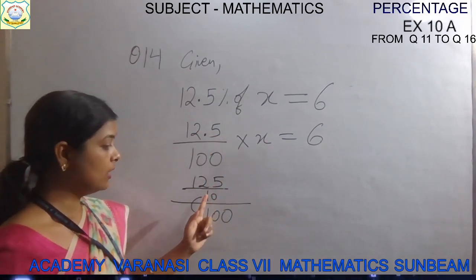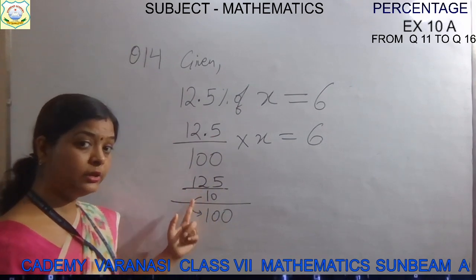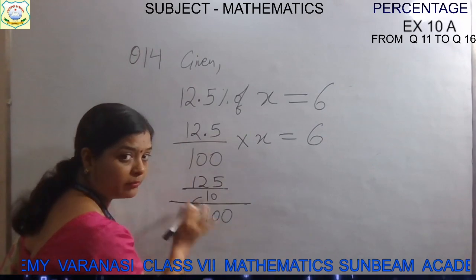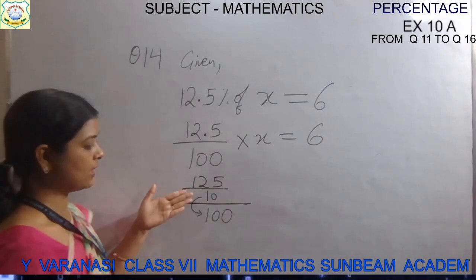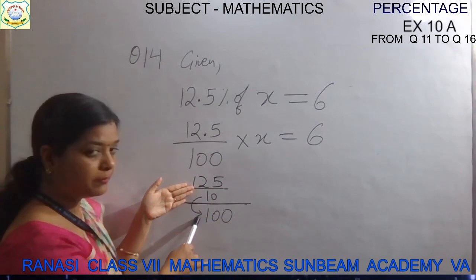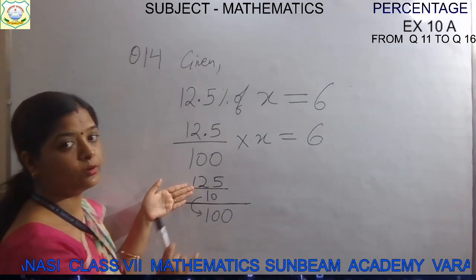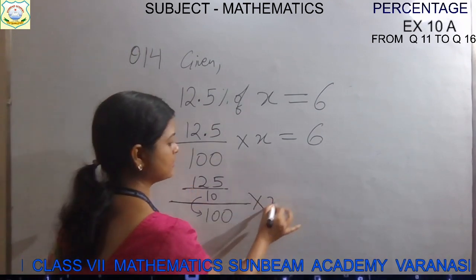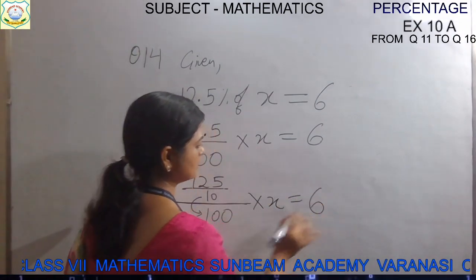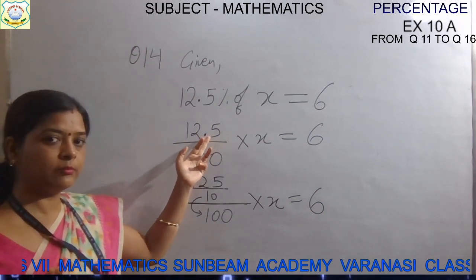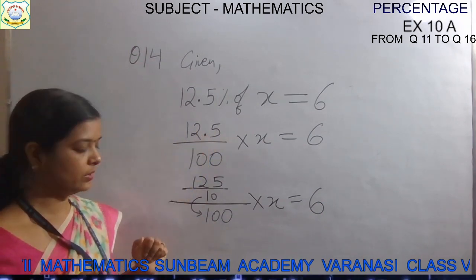Still, in the numerator, this is the numerator part, 125 by 10, it is a fraction. So its denominator will come down and multiply with the denominator, into x, that is equal to 6. I have just removed this decimal point.